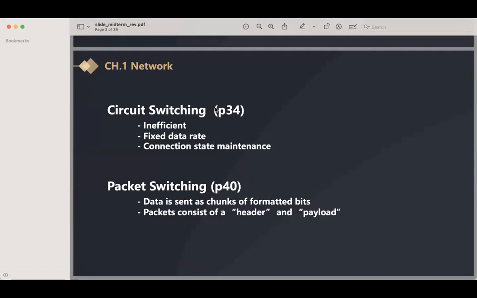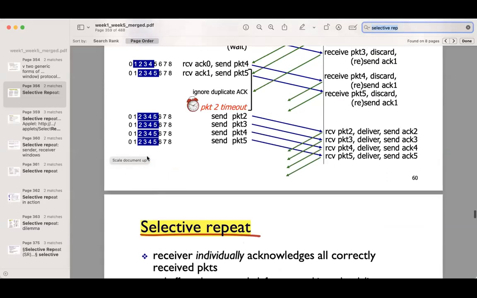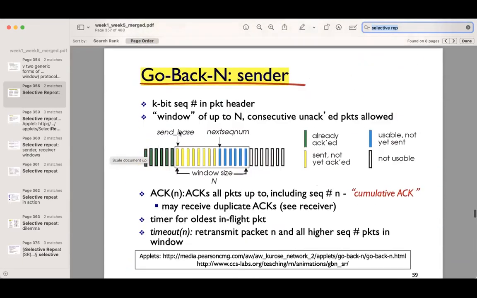I have specified the page number in here. This one, you can try to find it in the merged slides. Where is my merged slides? It's in here. So I merged the slides and specified the page number.